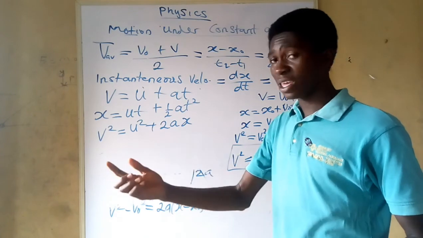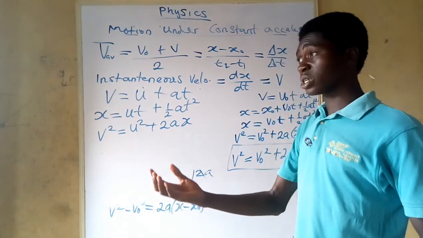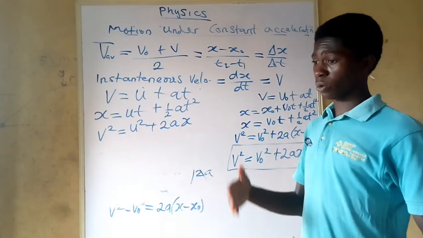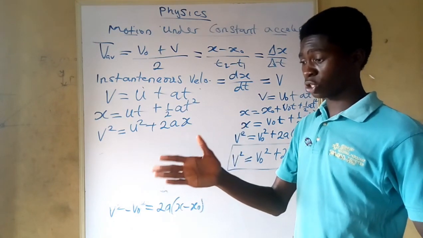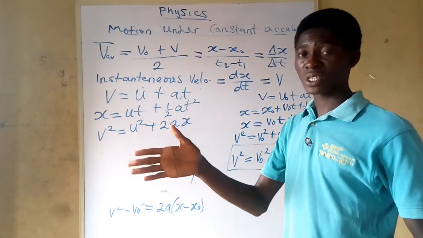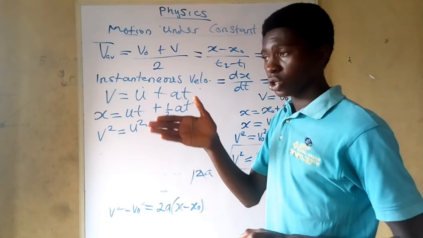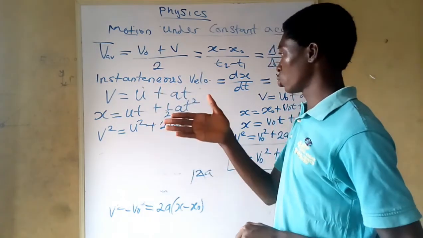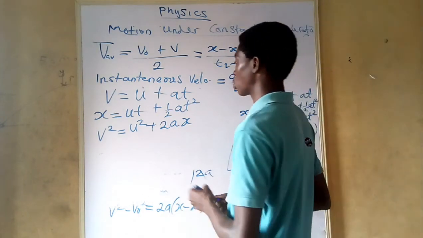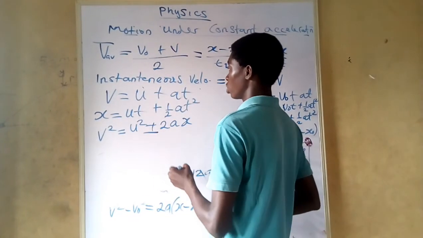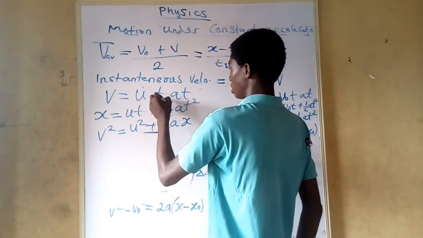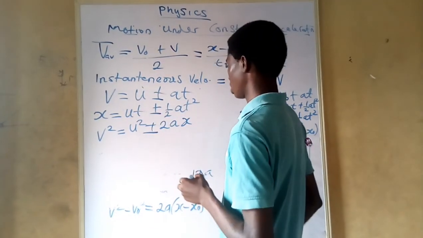That means you have to apply a force that is going to cause the moving body to begin to decelerate. Let's say you are on your journey, and you suddenly see a child or a careless person crossing. You have to apply your brakes. That is, you are applying a retarding force. So in that case, acceleration can be negative. So in all these cases, you can have negative acceleration.